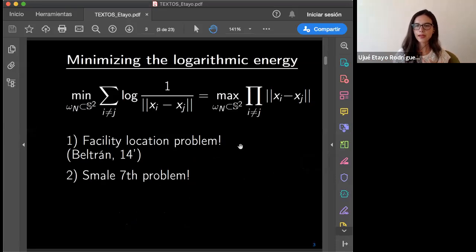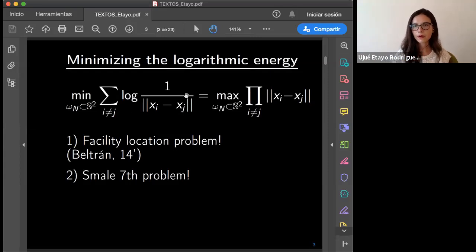If I tell you, I have n equals 1,000 points, and I want to place 1,000 points on the sphere so that they minimize this quantity here. That's a problem. And as long as I can ask you for 1,000 points, I can ask the same question for any natural number n of points: find the minimizers of the logarithmic energy.